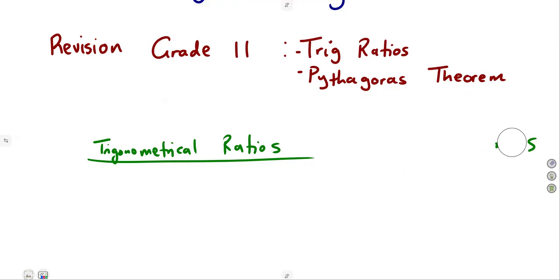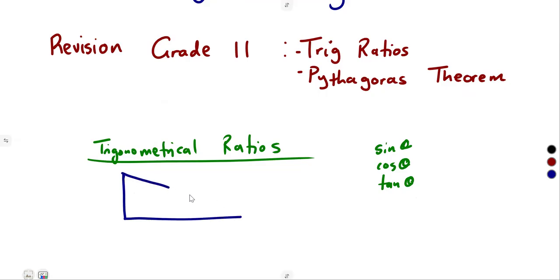But in our case, guys, we are going to simply work with the ratios of sine of theta, cosine of theta, and tangent of theta, which is the tan of what? Of theta. Those are the 3 that we are going to be working with, which are to be taken in a right angled triangle.